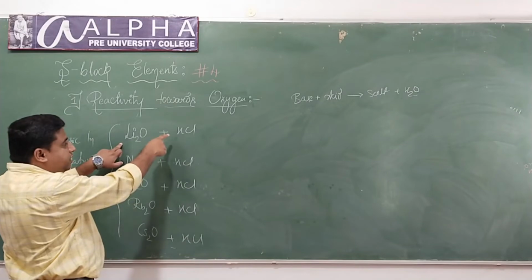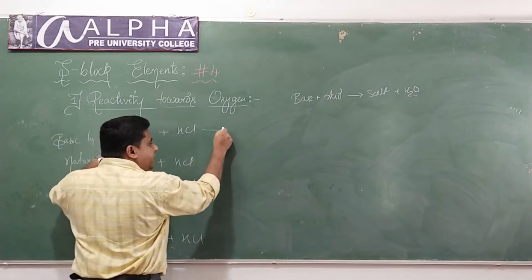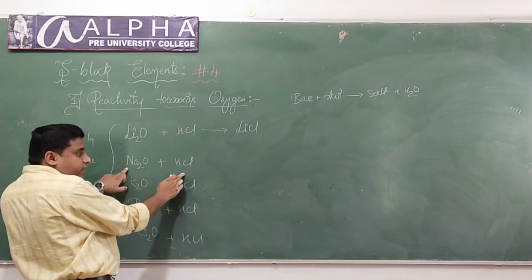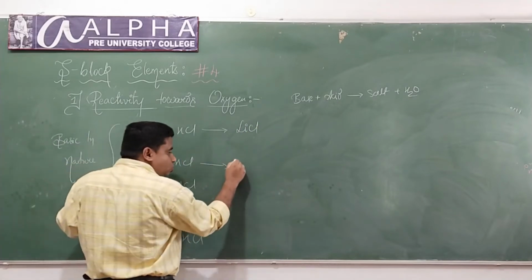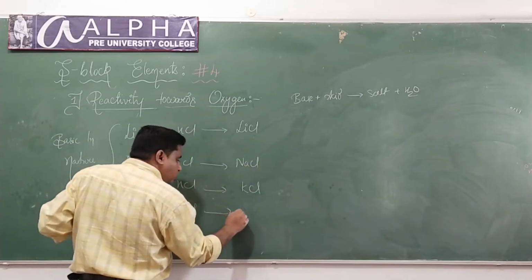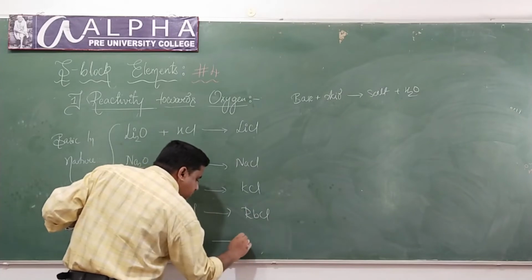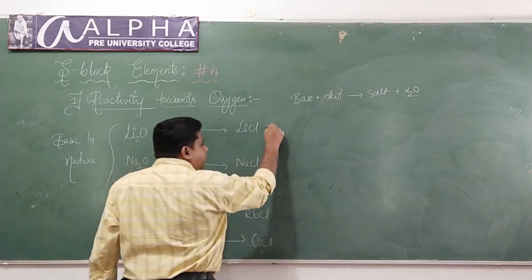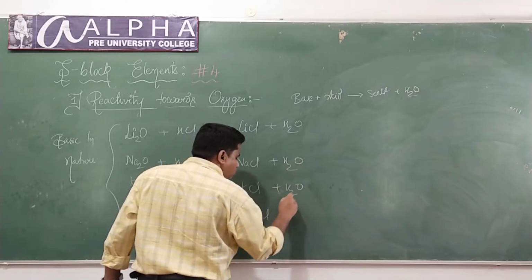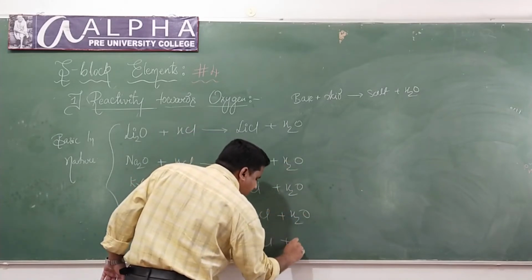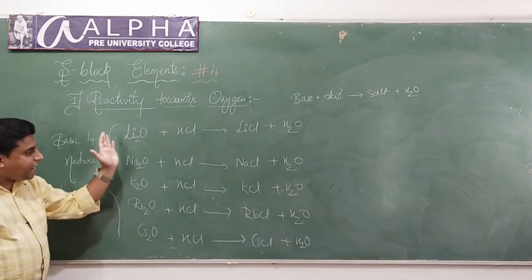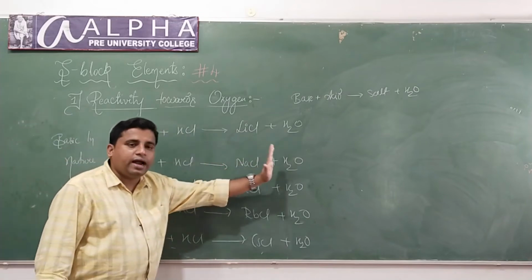Which is the salt when lithium oxide reacts with hydrogen chloride? It is lithium chloride, correct? Which is the salt formed when sodium oxide reacts with HCl? Sodium chloride. Then potassium chloride, then rubidium chloride, then cesium chloride, along with the formation of water. Since the oxides of alkali metals are basic in nature, they react with acids to form salt and water.